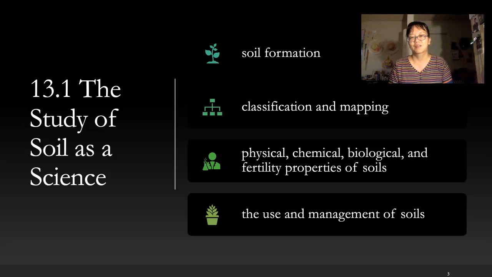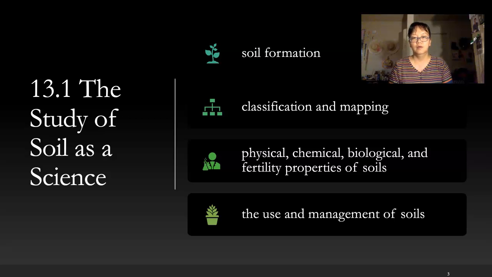Well, I do not expect you to be a soil expert, but I want you to generally understand that a soil scientist studies the soil formation process and categorizes the different kinds of soils, and studies the physical, chemical, biological, and fertility properties of soils, and cares a lot about the use and management of soils.